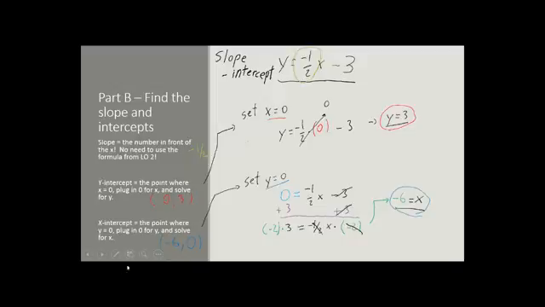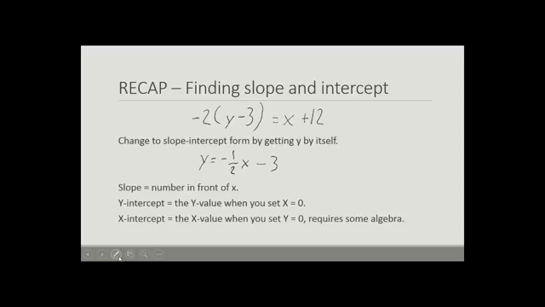Let's recap what we did quickly here. So I started you out with a very tricky looking line and asked you to find the slope and the intercept. Now it seemed rather difficult to do at first, so something you should do if you see something this crazy looking is to get y by itself. Once you do get y by itself, the slope is just the number in front of x.